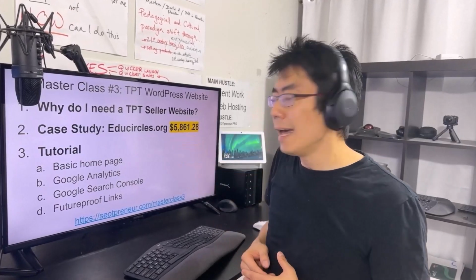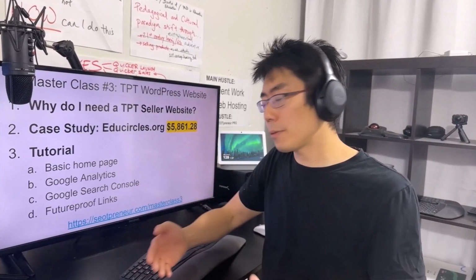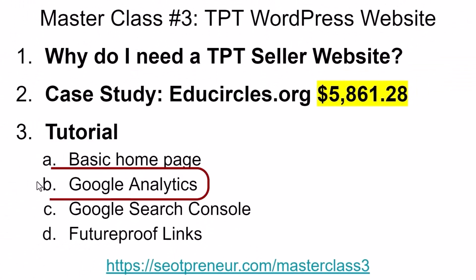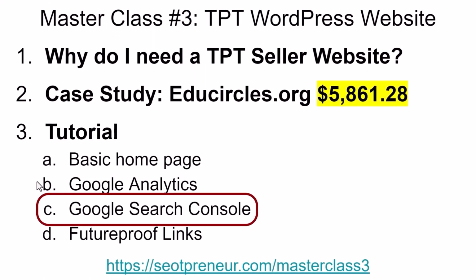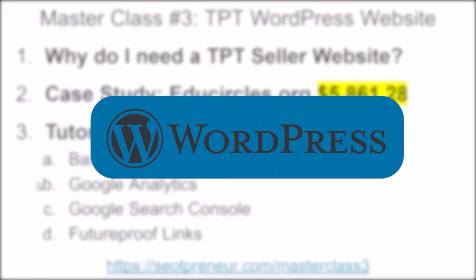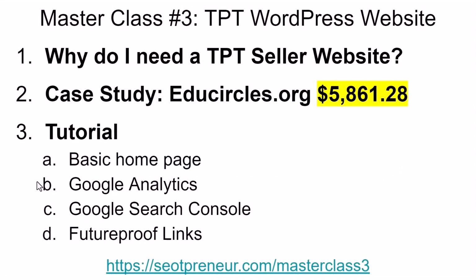We'll look at an example of a case study here with edgy circles, and then I'm gonna walk you through step by step through a screen recording, how to set up a basic homepage, how to set up Google Analytics, how to set up Google Search Console, and then how to future-proof your links using WordPress as a pretty link redirection service.